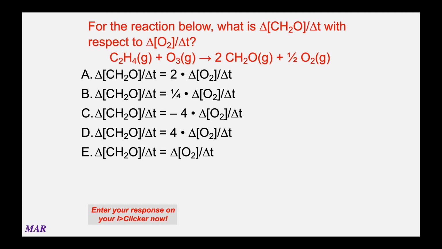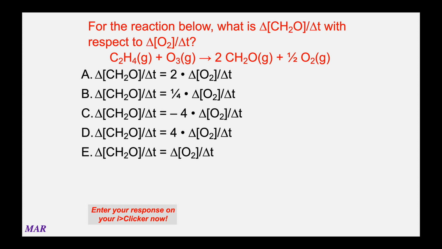And if you recall, there's a way to refer to the rate of any reactant and product. And basically what I want you to do is see what delta CH2O over delta t is with respect to the delta O2 over delta t. So see if you can figure out which of those is the right answer. I do recommend pausing the video. You can work on the question and then unpause it when you're ready. Pause the video now.